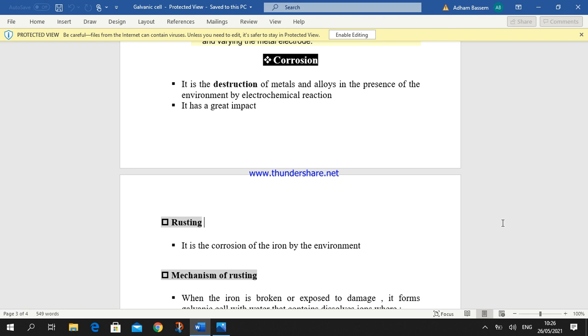So let's start to talk about rusting as a good example of corrosion. Rusting is a corrosion of iron by the effect of substances found in the environment. Iron is a metallic element, considered an intermediate active metal that lies in the d-block in the modern periodic table.